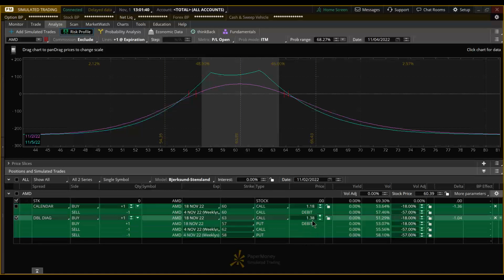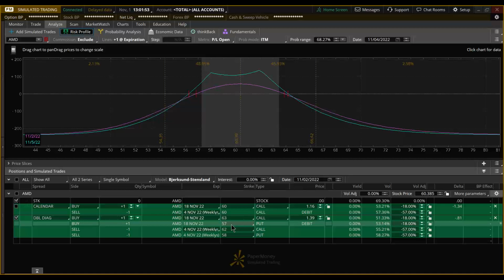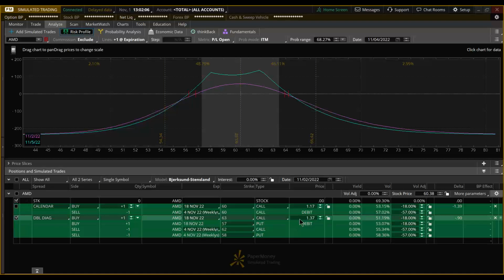The debit for these two trades is very similar, only $20 difference in the debit, but this one's a little more expensive. Yes, I could design it so it's actually cheaper, just by widening my longs further out. But when I do that, I take on more risk. One thing I need to explain here is the risk is defined, but it is not just the debit. It is the debit plus the spread.